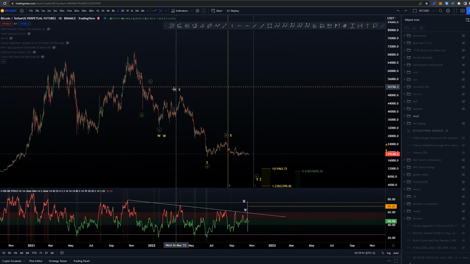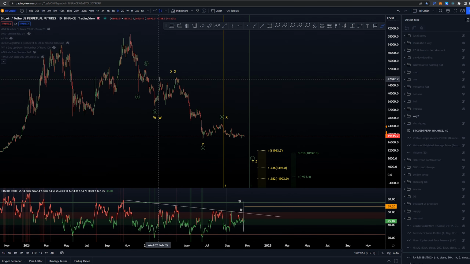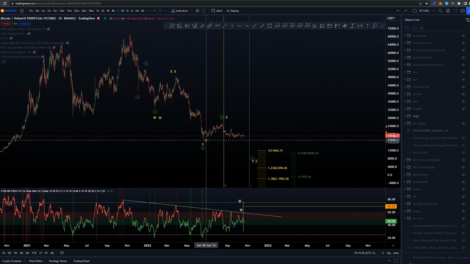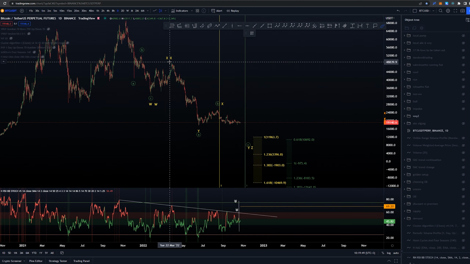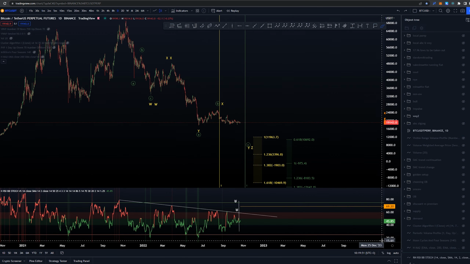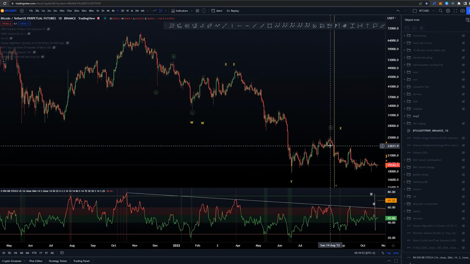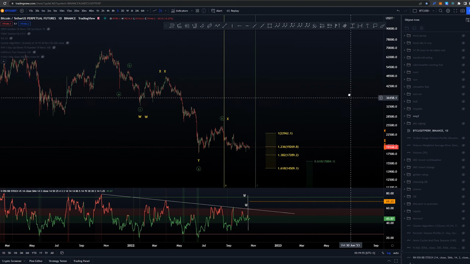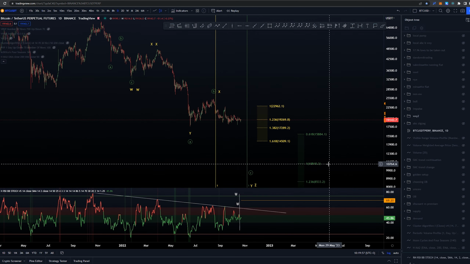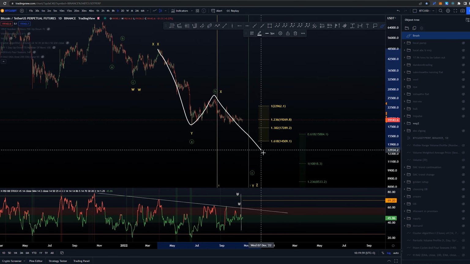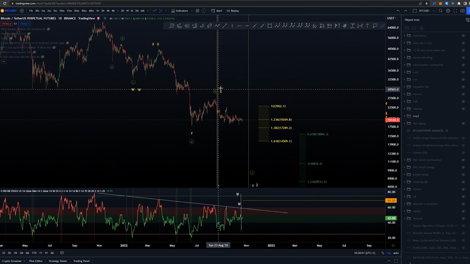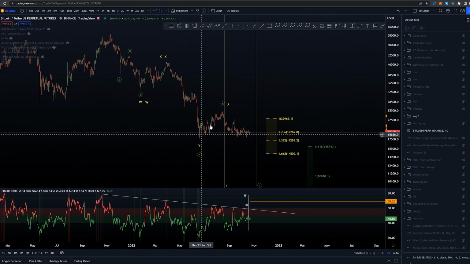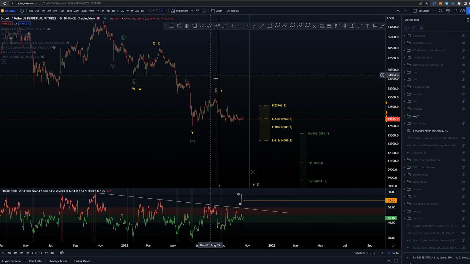So it is a bit weird to say that this could be an A wave. While it can, I don't think this is very likely, because at that point we would be looking for a partner leg for this A wave. If we are looking at that, 1-to-1 would be around 10.8k to give the perfect look here. But definitely not my main, that ABC here for that wave Y.